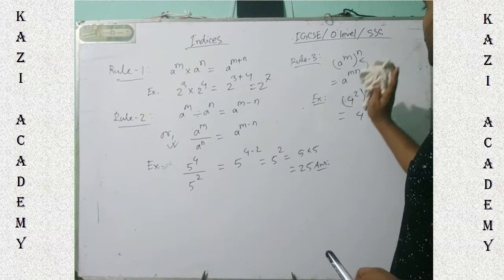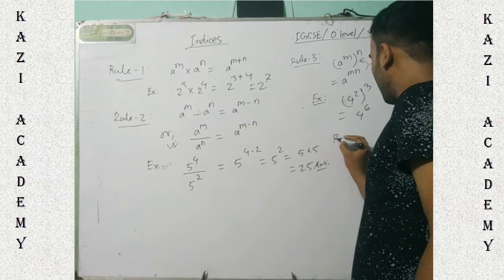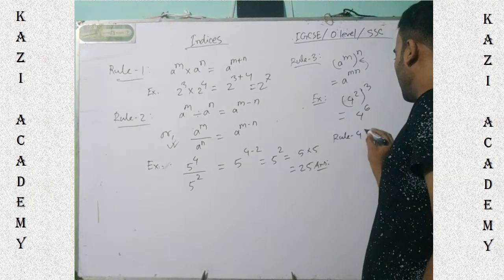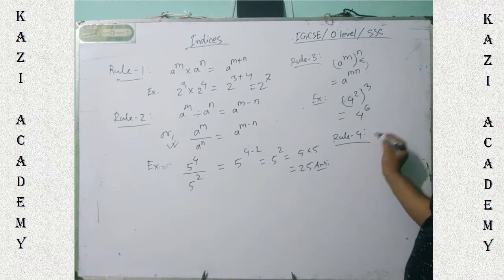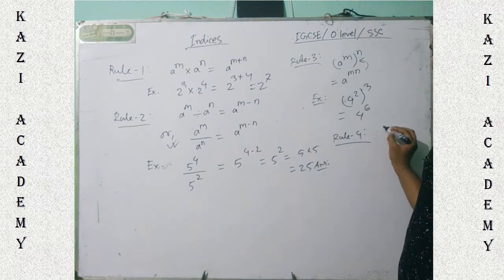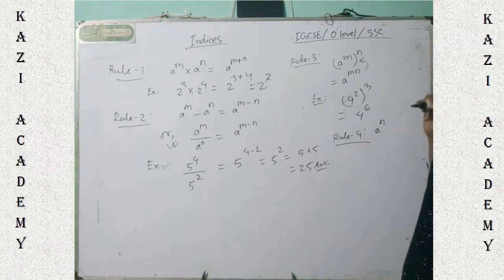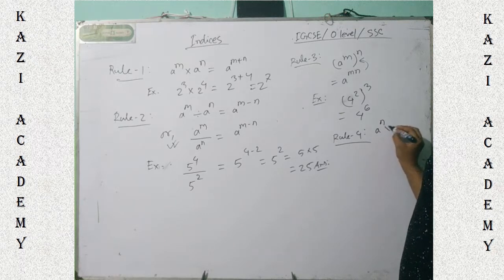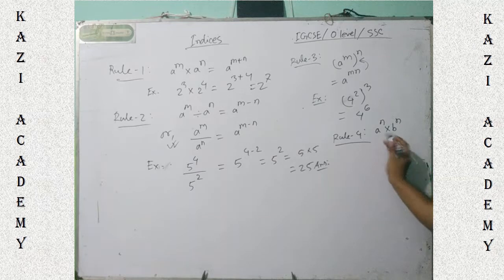Then rule number 4. If we write a to the power n and b to the power n, so now we have a common power.